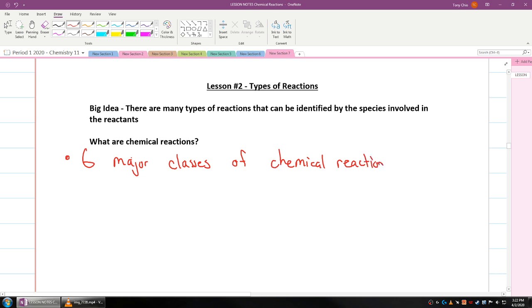And what a reaction is, basically, a reaction occurs when the reactants are different from the products.